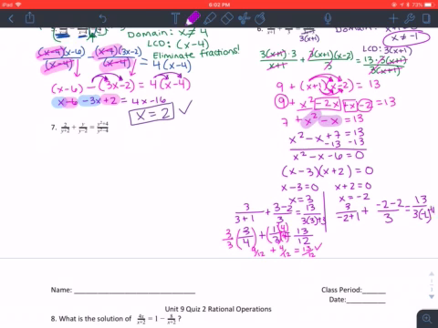And I'm running out of room here. Okay, so 3 over negative 2 plus 1 is a negative 1, plus negative 4/3 equals 13 over 3 times negative 2 is a negative 6, plus 3 is a negative 3.